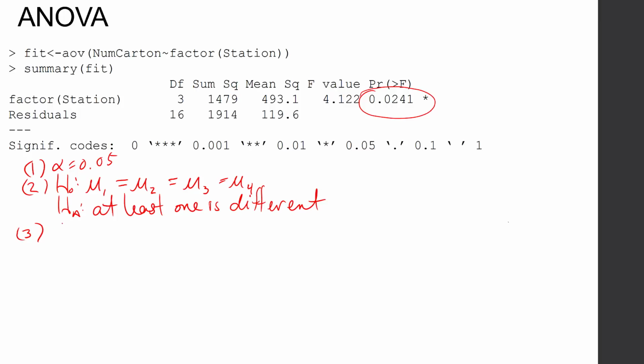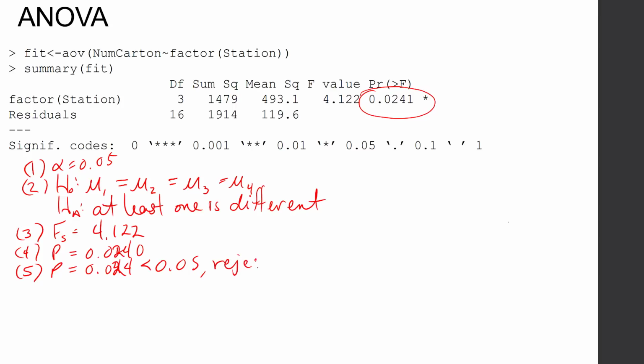We've got our F statistic, which is 4.122. That's our test statistic. We've got our p-value, which is 0.0241. And we can compare our p-value to our alpha. And the p is low, so the null must go. And step 6 is making our conclusion.